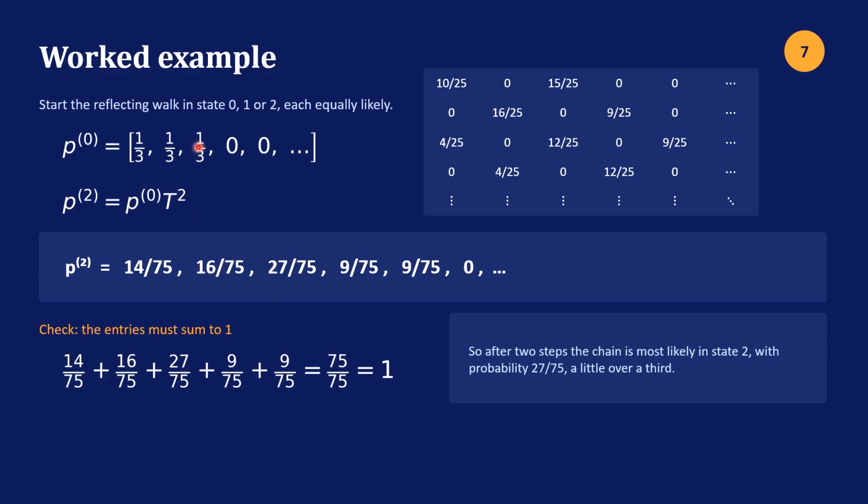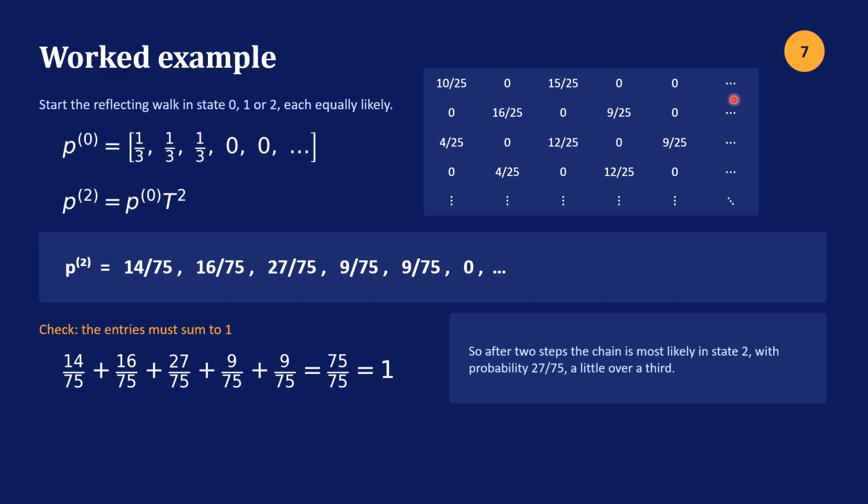Then here, for this term, it's 1/3 times this plus 0 plus 1/3 times this, so it's 27 over 75. And then the next two, you're just going to get one term, 1/3 times this and 1/3 times this. So you get 9 over 75, 9 over 75.